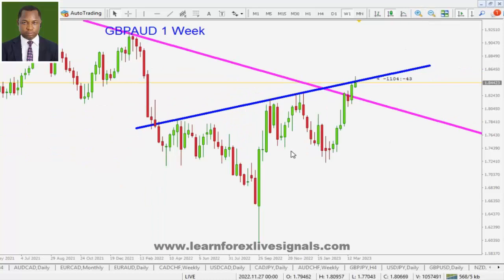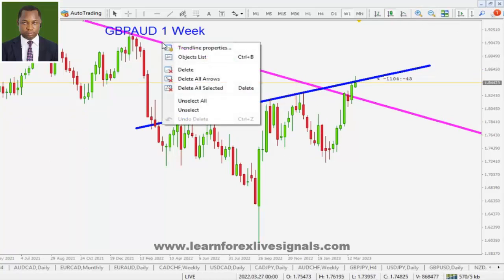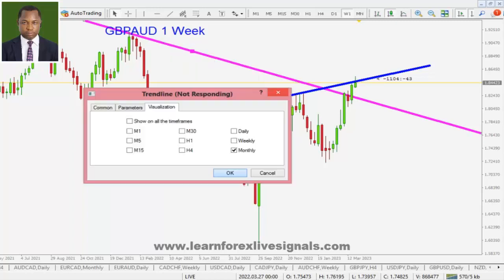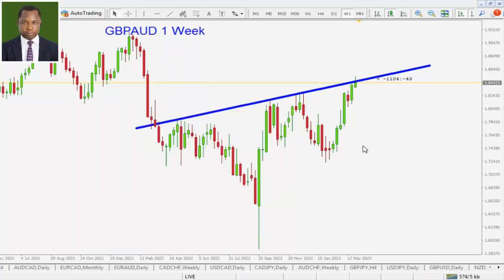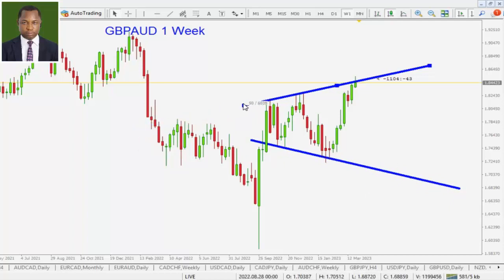Additionally, if you don't want to keep the counter trend line, let me take this out from the weekly, just keep it from monthly. If you don't want to keep the counter trend line, I'm seeing what looks like an expanding triangle, a sign of market confusion actually.